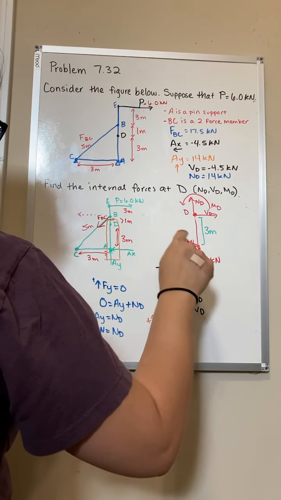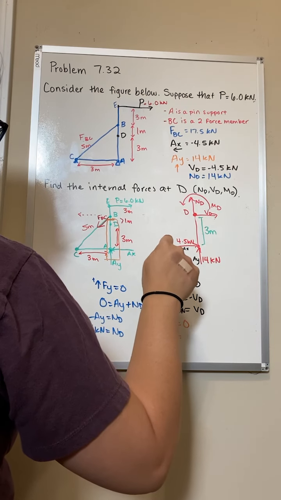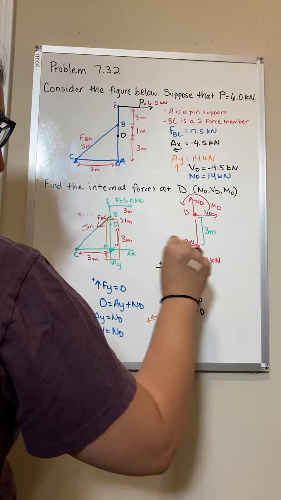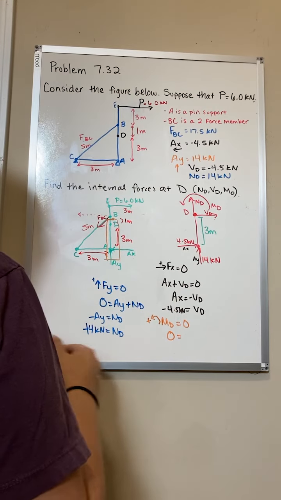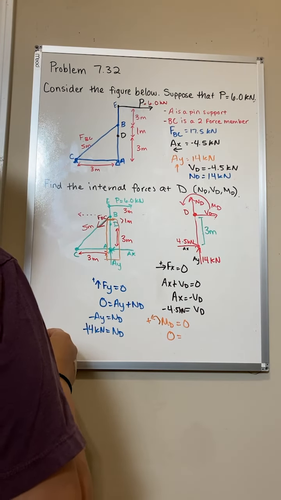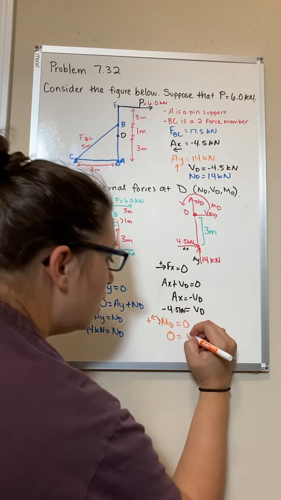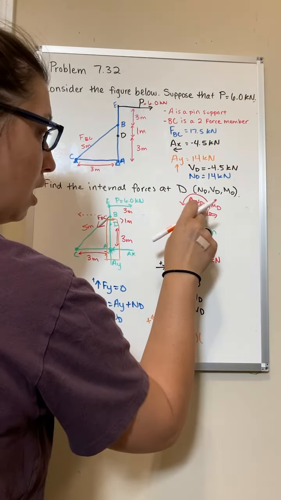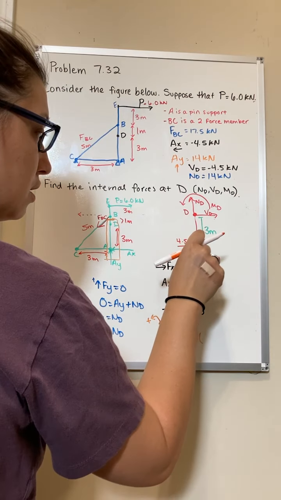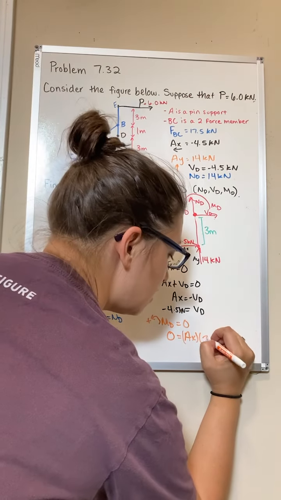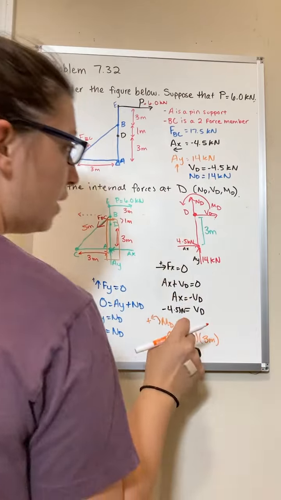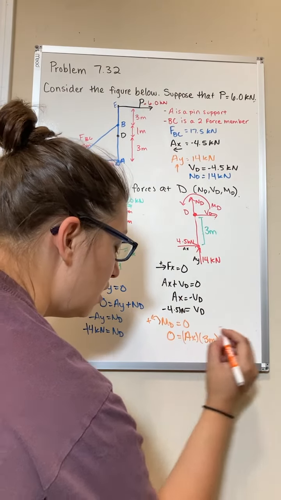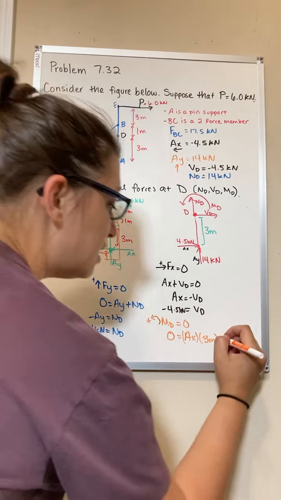So Ax around point D is actually going to put us in a, let's see, if we're going this way, that's going to be counterclockwise. So that's going to be positive Ax times the distance, so 3 meters. And since we know Ax is negative 4.5, plus MD.